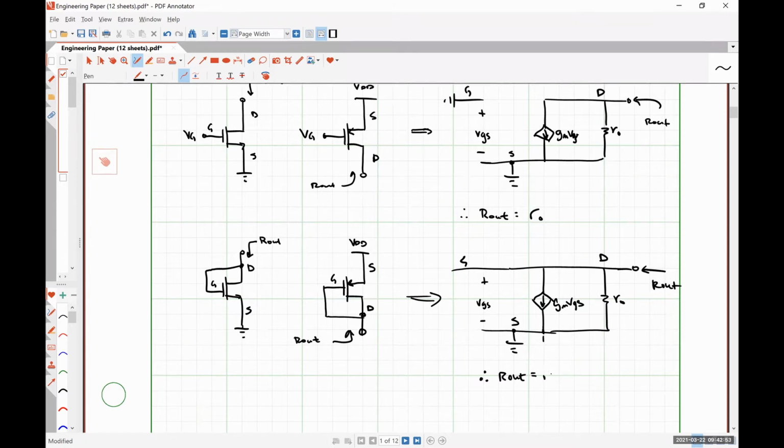R naught in parallel with 1 over gm. Absolutely correct, because we know the voltage drop across our current source is vgs, so the ratio of the voltage divided by the current is simply 1 over gm. So our dependent source looks like a resistance, small signal style.